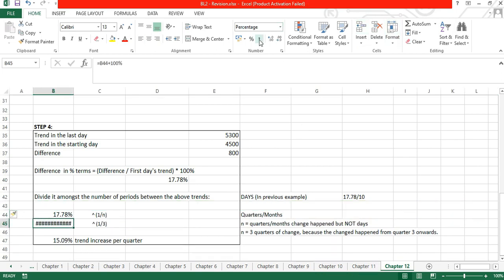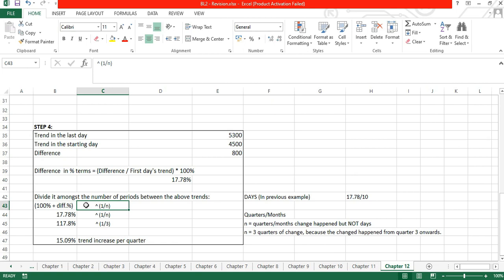The formula must be 100 percentage plus difference percentage, to the power 1 divided by n.